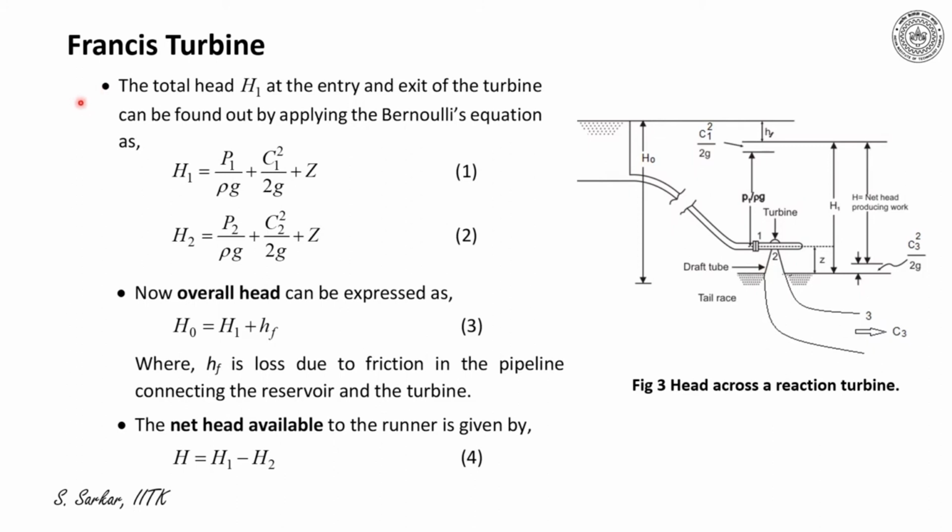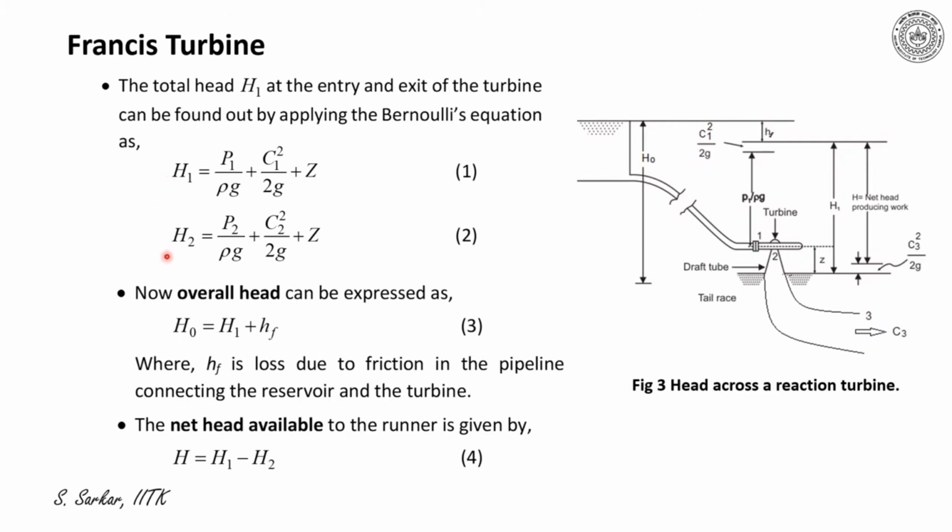Thus, the total head at the entry and exit of the turbine can be found out by applying the Bernoulli equation as H1 is equal to P1 by rho g plus C1 squared by 2g plus z, which is equation number 1.